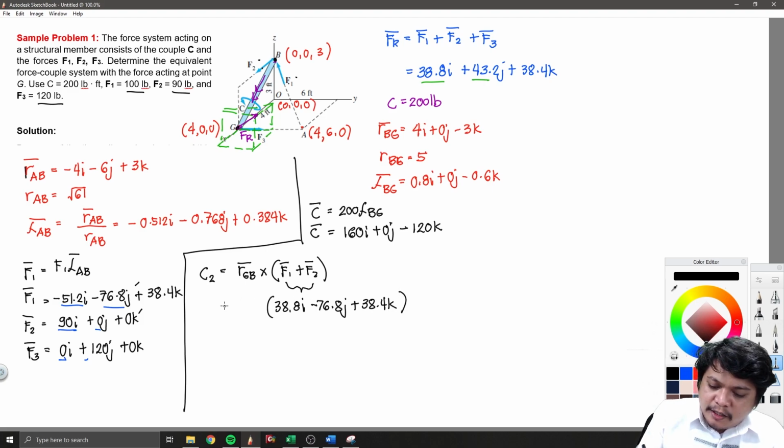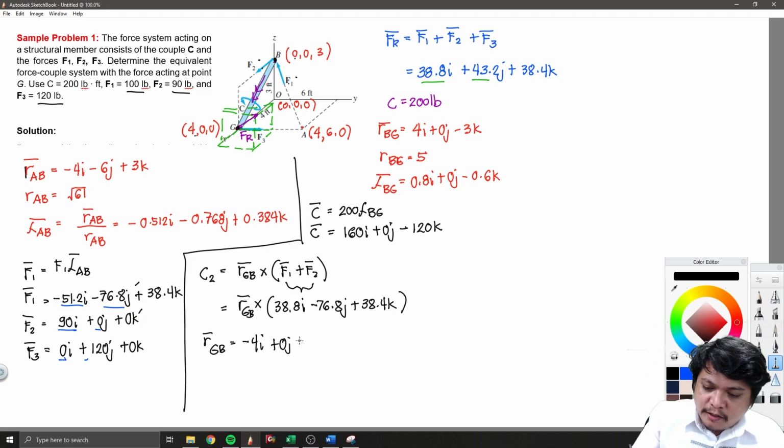But we need the RGB. So, yung GB natin, RGB. And then, i-cross product natin to get for the moment. Kunin natin si RGB. So, from G to B. So, 0 minus 4, negative 4I, plus 0J, and then plus 3 of K.